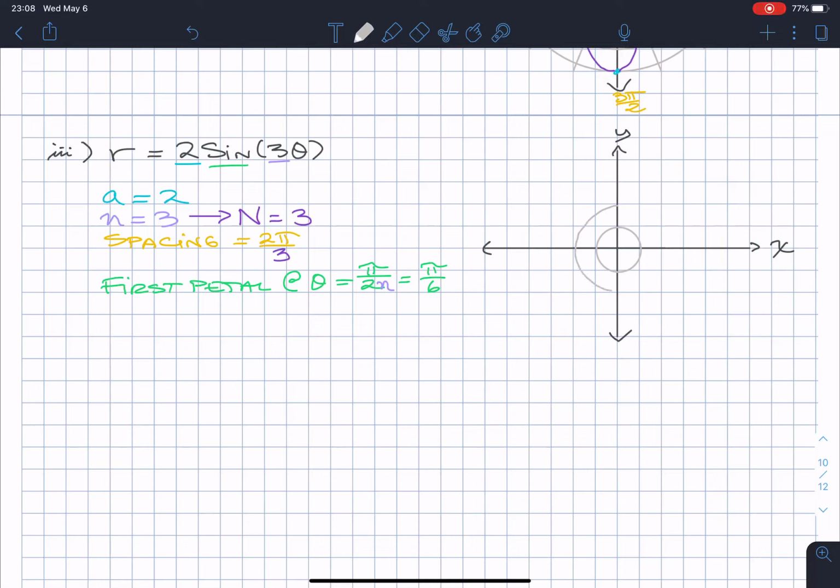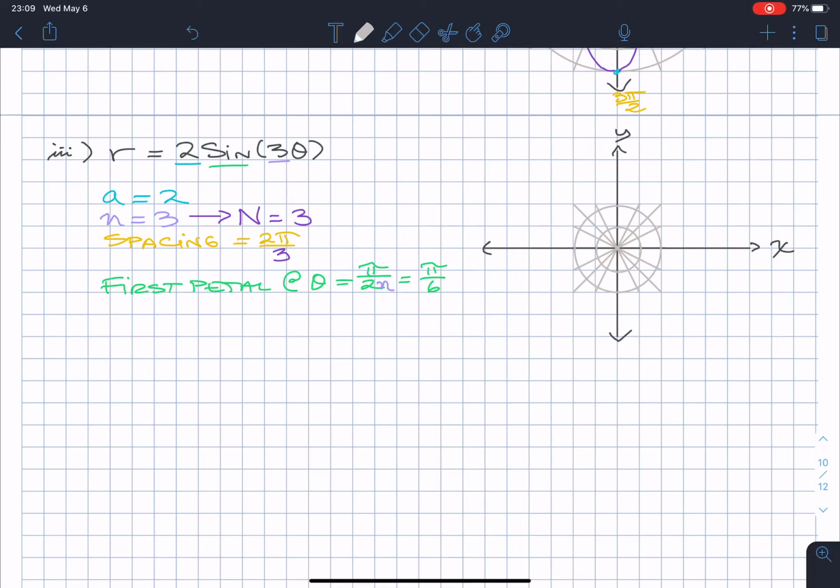Let me try and draw a circle. Okay, so now we have our 45-degree reference angles. Let's do these 60-degree reference angles. And then the 30-degree reference angles.